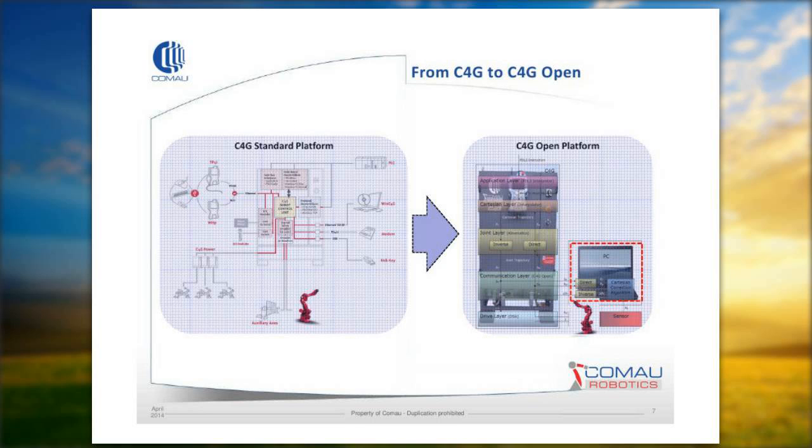So we can think about passing from a standard platform, as on the left side of the picture, where the standard C4G platform can be connected with the user through several interfaces, to a new open concept where the user can also go to a very low level of controlling the system, the robot system.